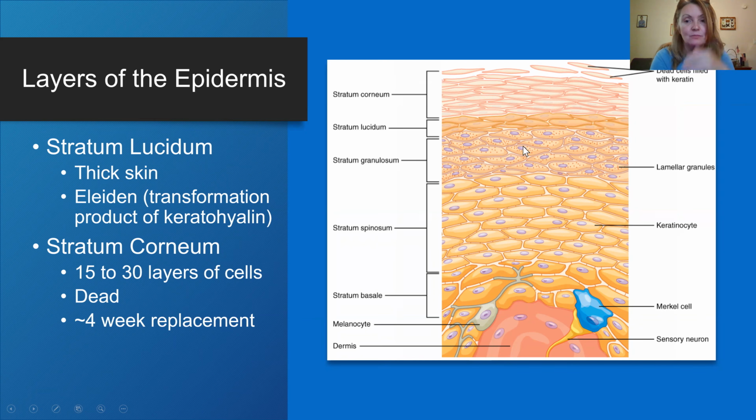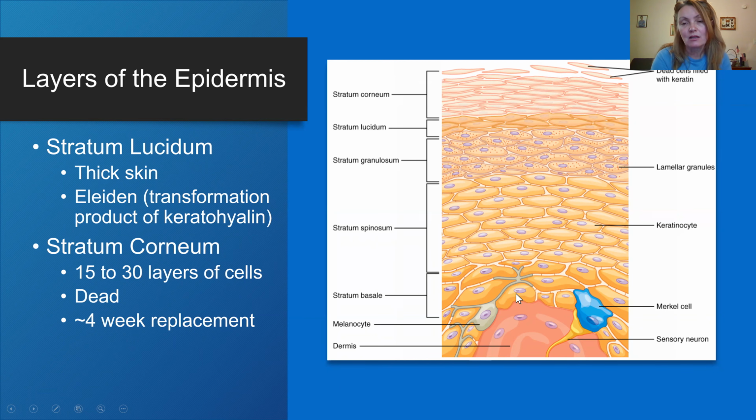So you're replacing them with cells from stratum granulosum, right? So granulosum became corneum, spinosum became granulosum, and so on. So it takes about 4 weeks for replacement of your stratum corneum, right?